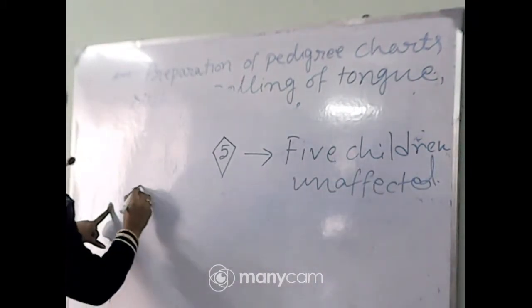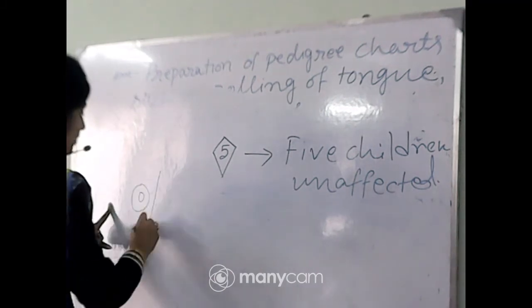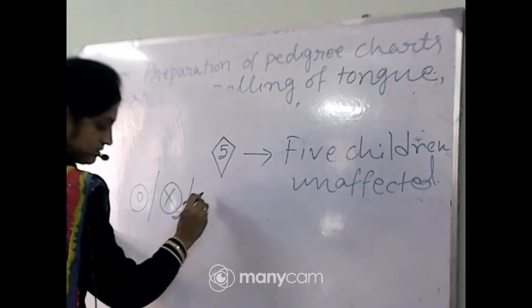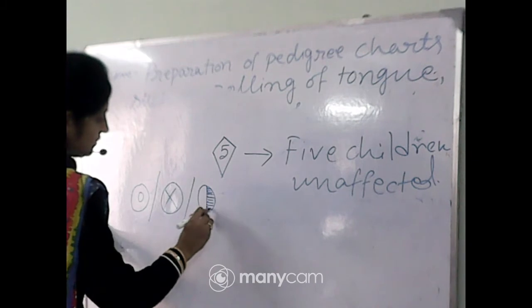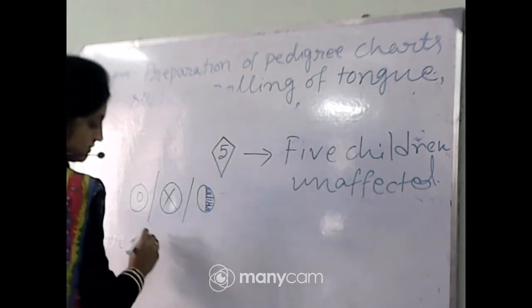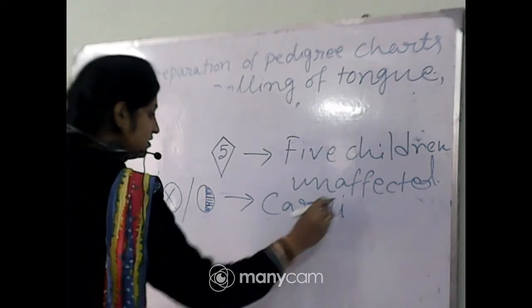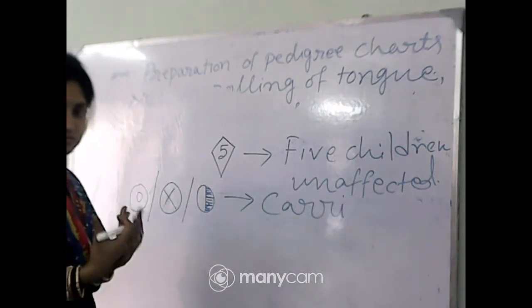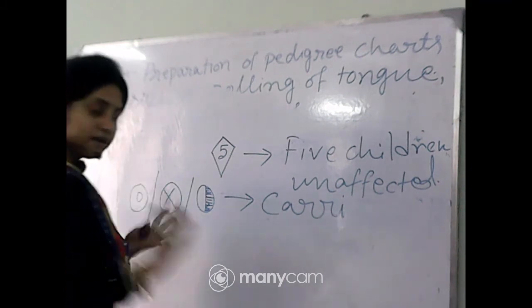When you see a circle with a small circle in between, or a circle with a cross line in between, or a circle where half of the portion is filled with color or some design, then they are carriers. The genetic genes are present in them, but due to being recessive, with no dominance, they cannot show their characteristics.